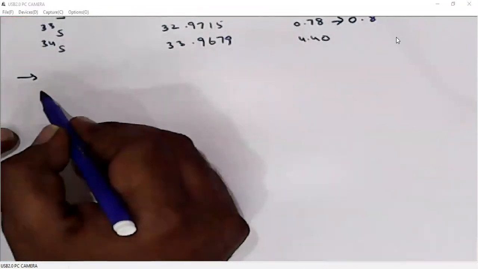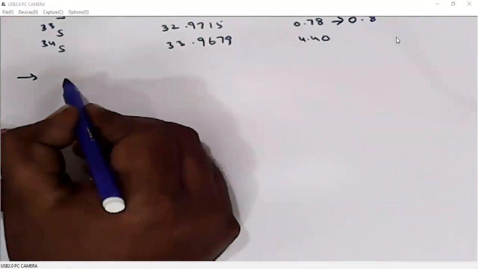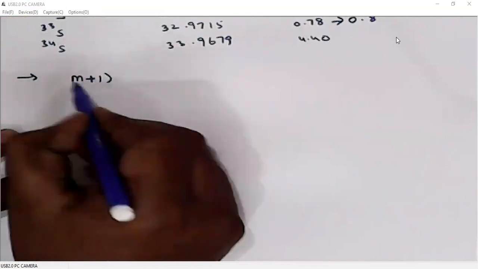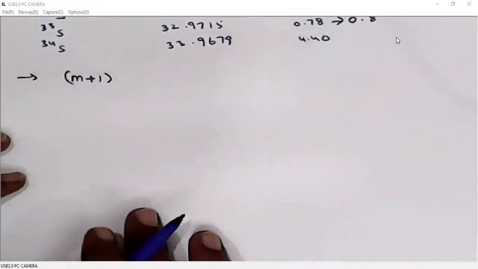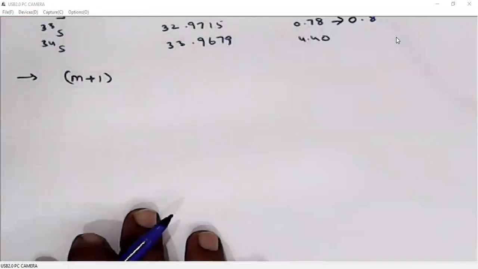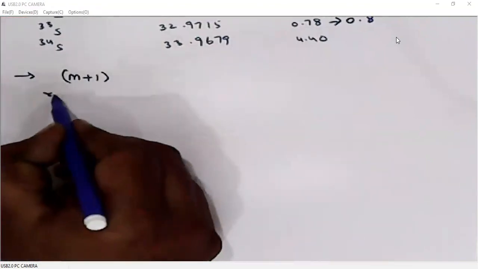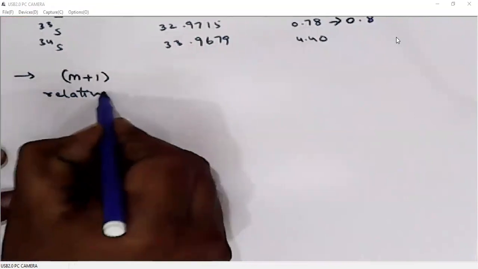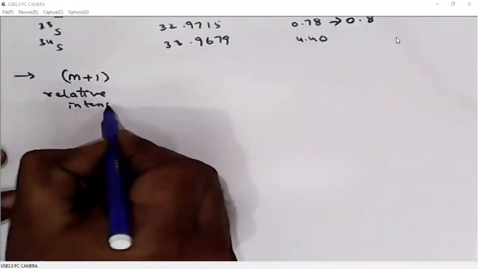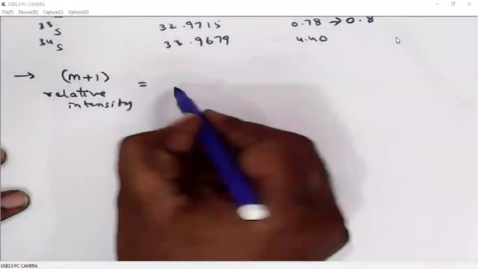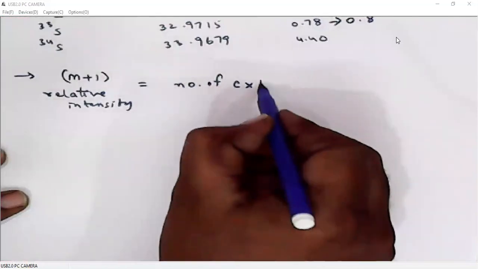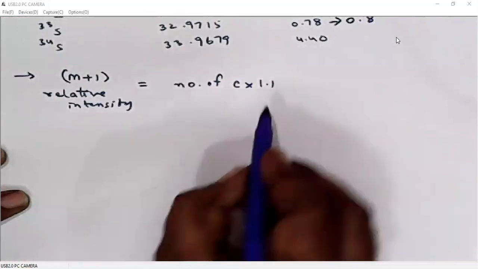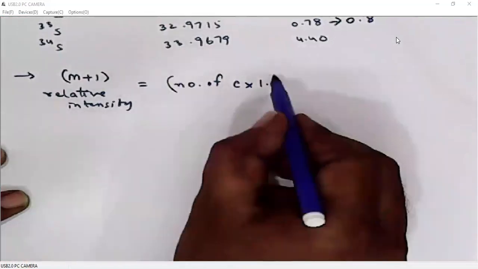From this isotopic ratio data, we can calculate the relative intensity of the M plus 1 peak with respect to the M peak. The relative intensity of the M plus 1 peak is equal to the number of carbons times its carbon isotope. Carbon 13 availability is 1.1%.